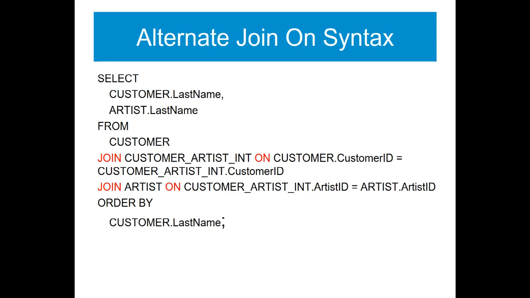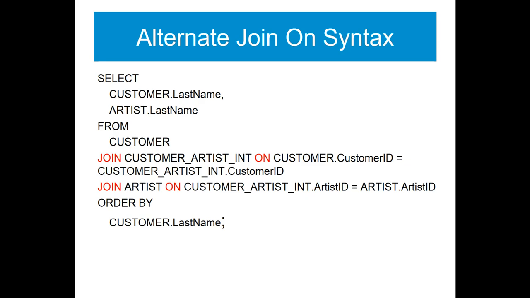And actually, this is why I don't really like the syntax, this word join is actually between two tables. What two tables is it between? It's between customer and customer artist intersection. You see that? It says customer join, customer artist intersection on, and it has the criteria. I find this hard to read personally, but it's what we have to work with to make this work.